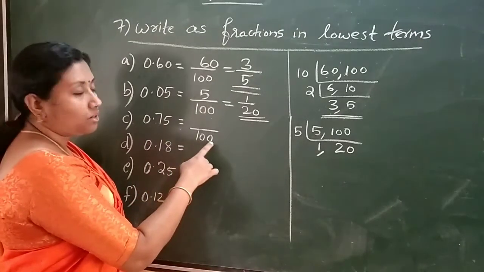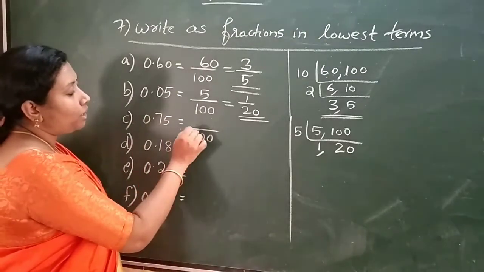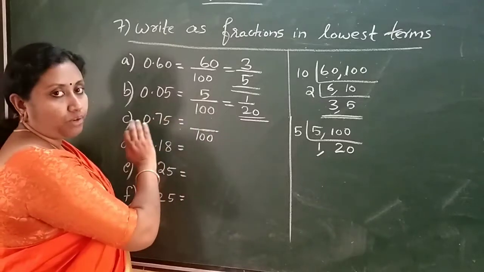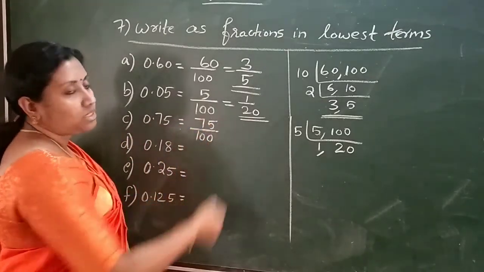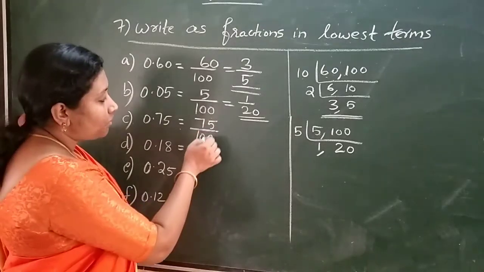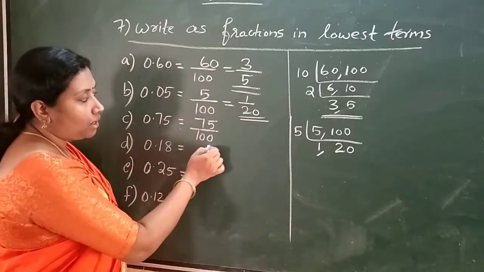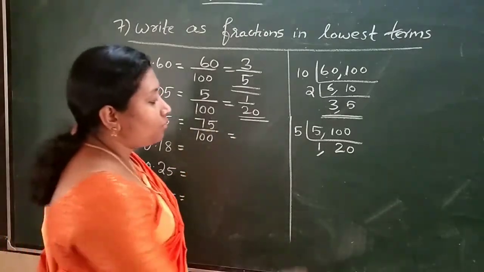So what is the numerator? Just avoid the decimal point and write the given number, that is 075, which means 75. So this is the fractional form of this decimal number, 75 by 100. Then what is the simplest form of this 75 by 100?